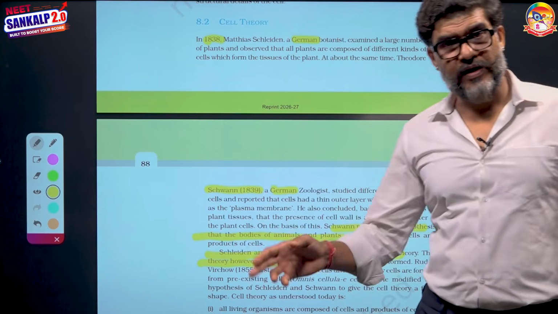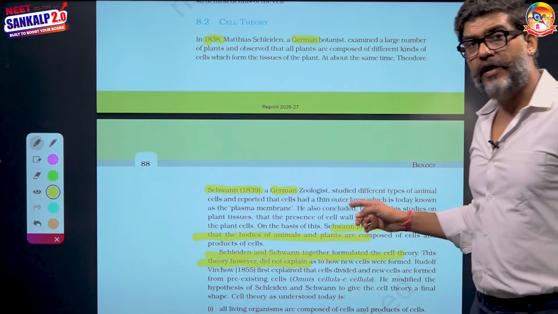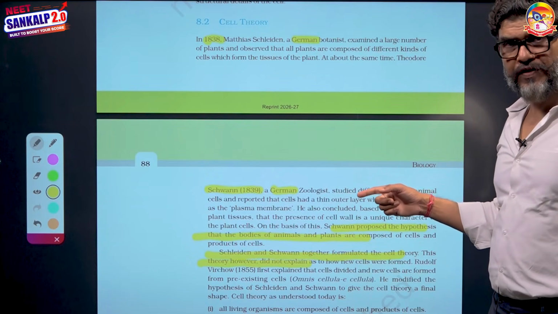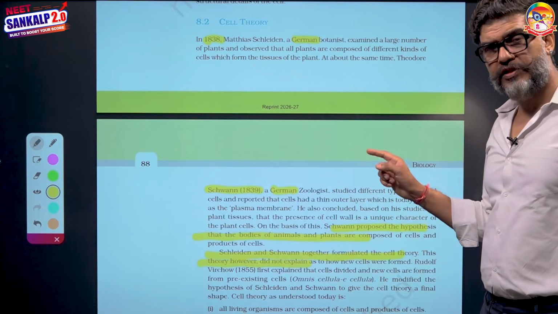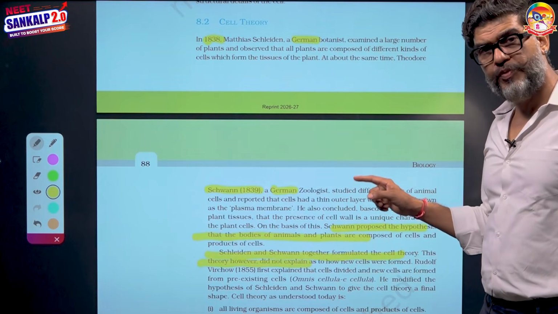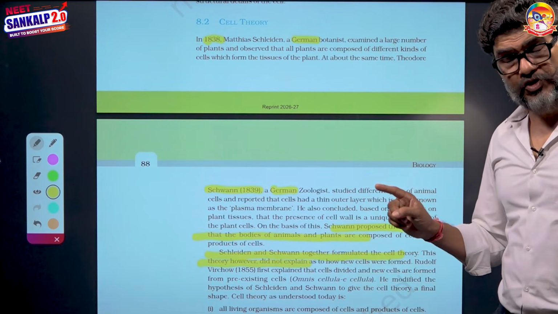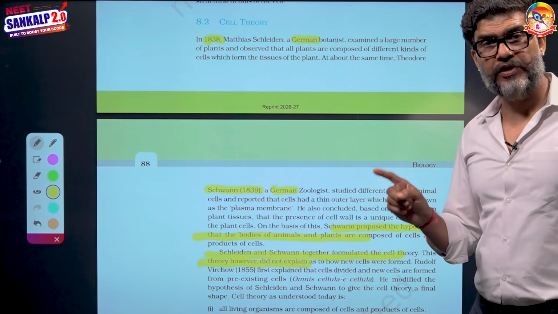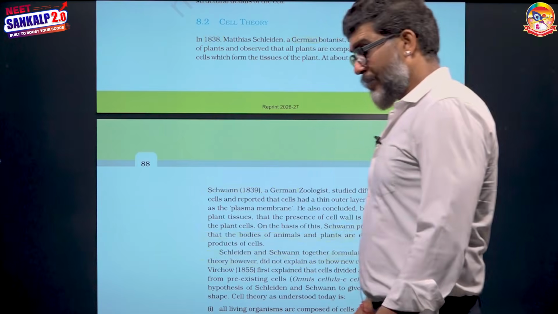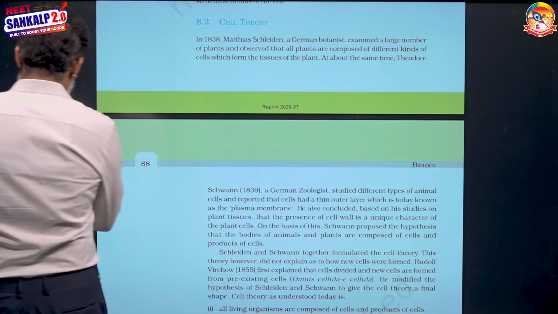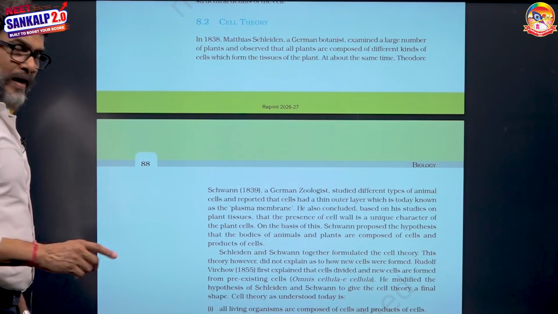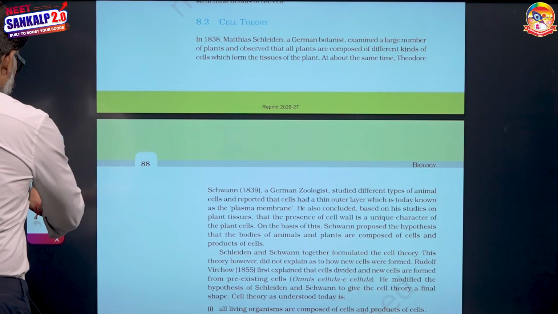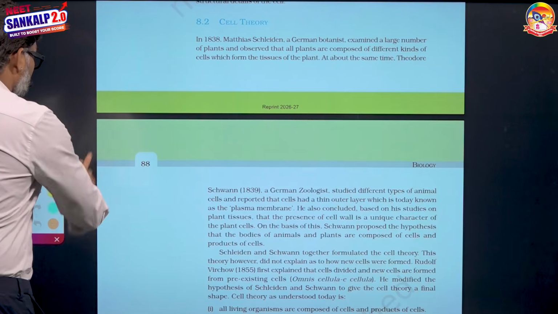In old versions of the NCERT, the information about Schwann's native place was given differently, but in the new editions both Schleiden and Schwann are published to be German. Keep this change in notice. If a question asks, you have to consider both as German scientists. So the German scientists Schleiden and Schwann discovered that plants are made up of cells and animals are also made up of cells. This information is useful for us.